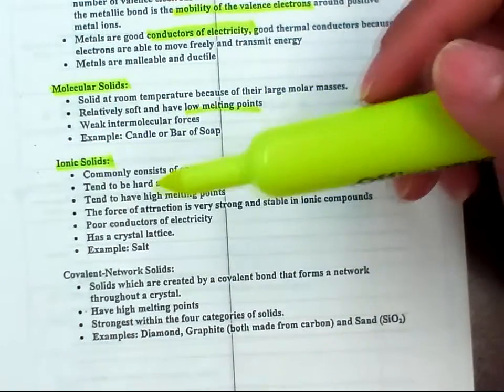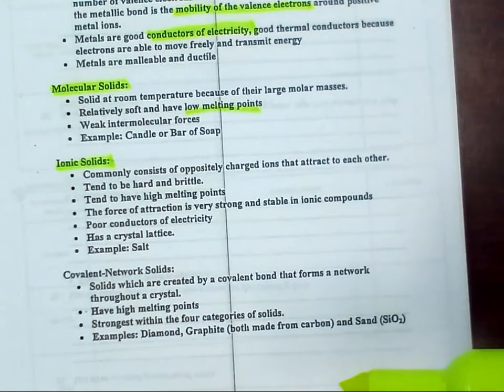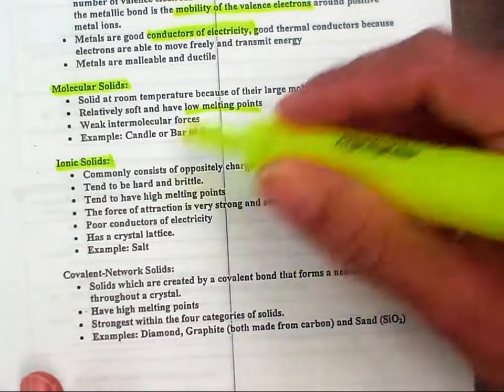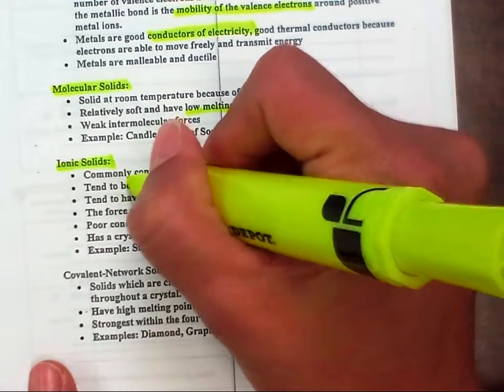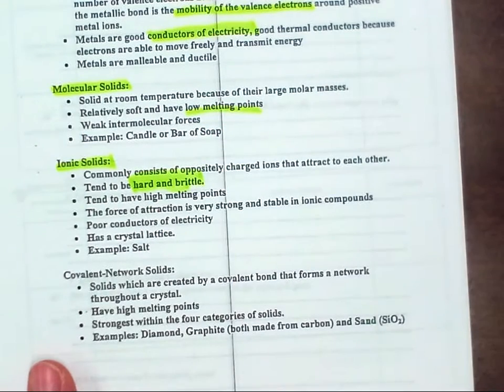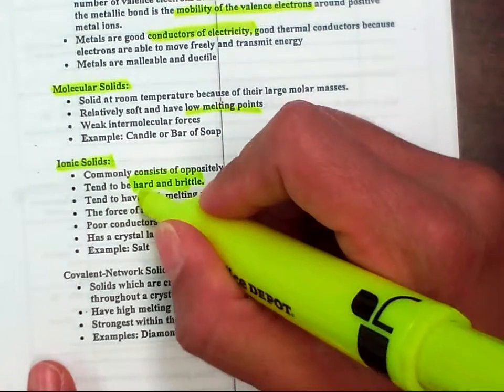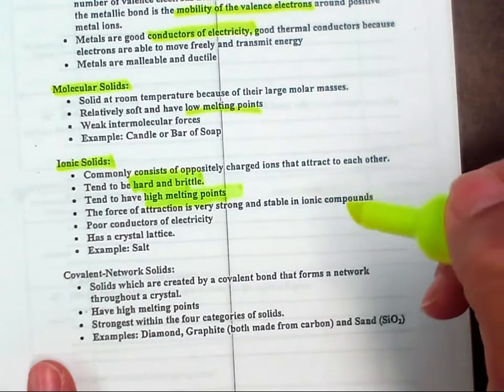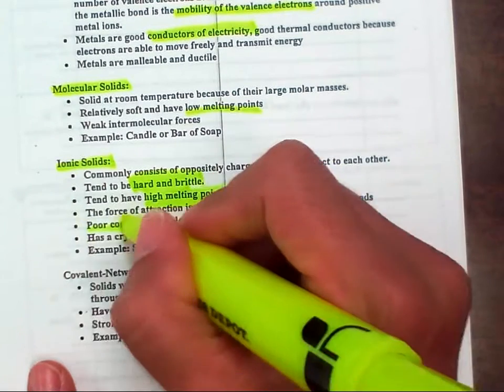The ionic solids, which are up there, metal with nonmetal, usually opposite charge, but know that they're usually hard and brittle, usually things like sodium chloride, which is salt. They have a high melting point, and they're poor conductors of electricity.